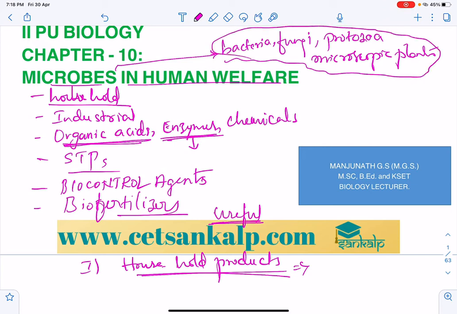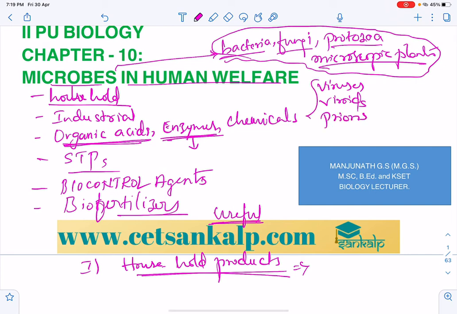These microbes belong to a group of organisms: bacteria, fungi, protozoa and microscopic plants. And there are also viruses, viroids and prions, that is proteinaceous infectious agents. These are also included under microbes, where the genetic material varies, right?